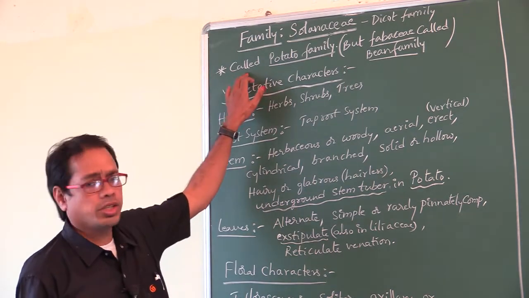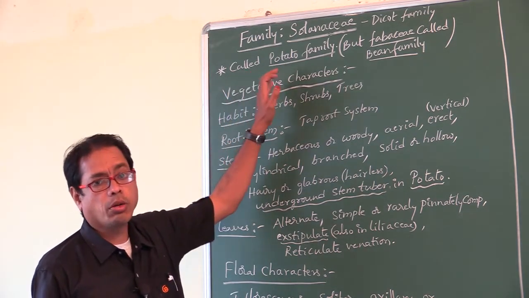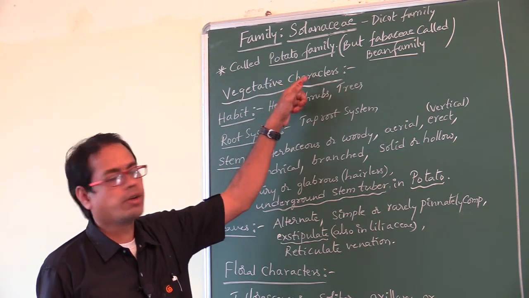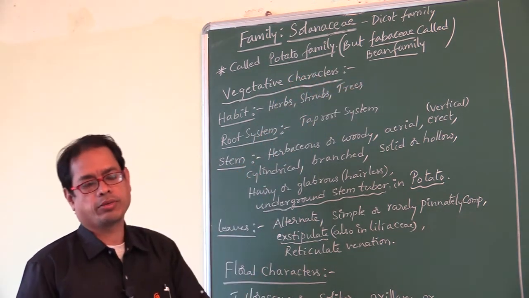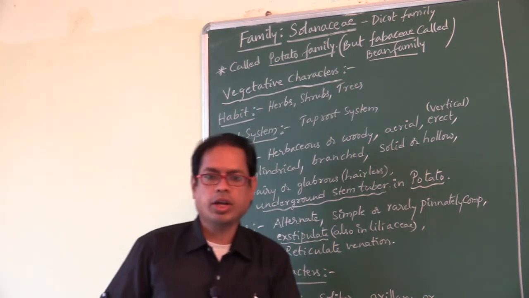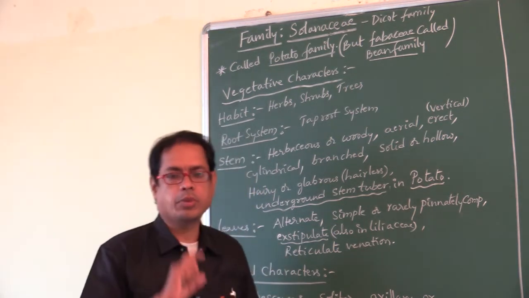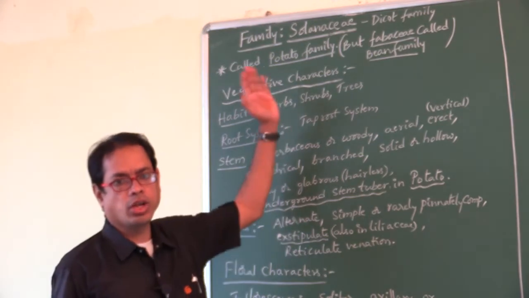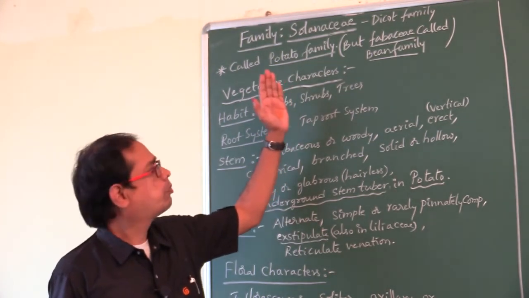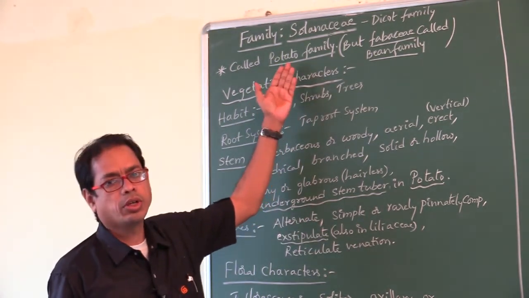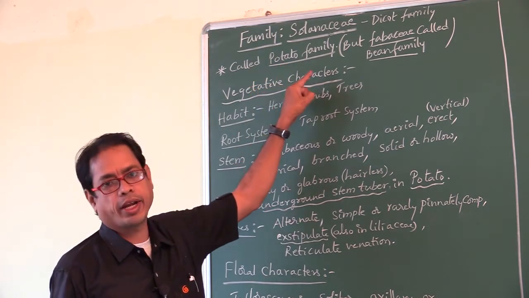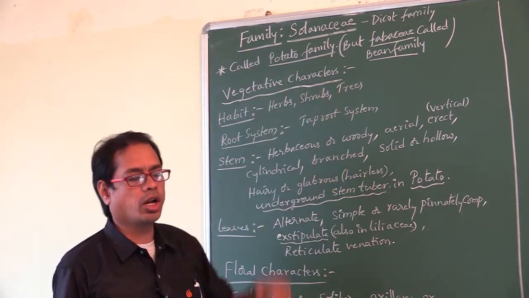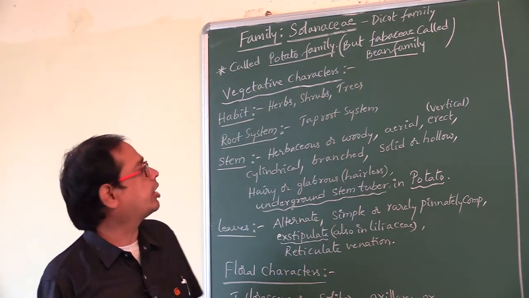Solanaceae is commonly called the potato family, whereas Fabaceae is commonly called the bean family. Why? Because the most dominant genus found in Solanaceae is potato. That's why it is commonly called the potato family.